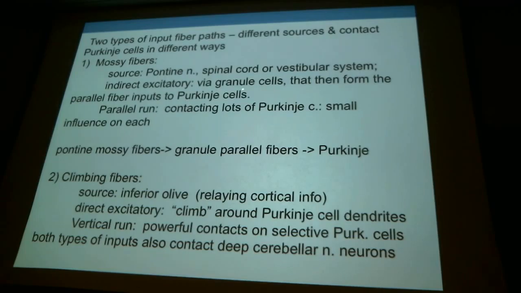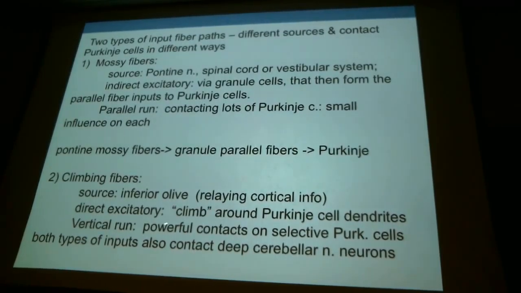The mossy fibers contact the granule cells that then form those parallel fibers to the Purkinje cells, and they run parallel to the surface of the brain and perpendicular to the fan of the Purkinje cells. So, mossy fibers to granule cell parallel fibers to Purkinje.